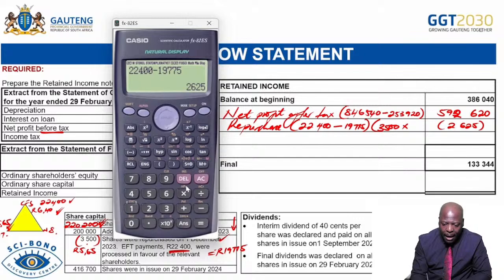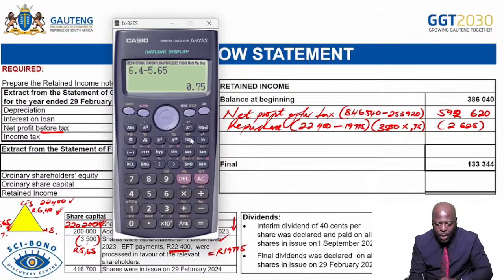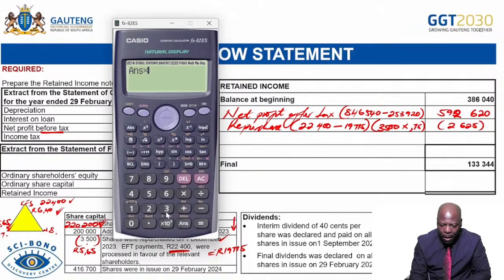That will give me 75 cents. So I'll take that 75 cents, which is what we've paid above, and multiply by 3.5, which gives me 2,625.